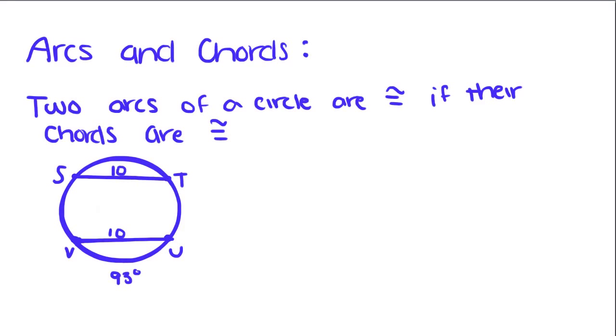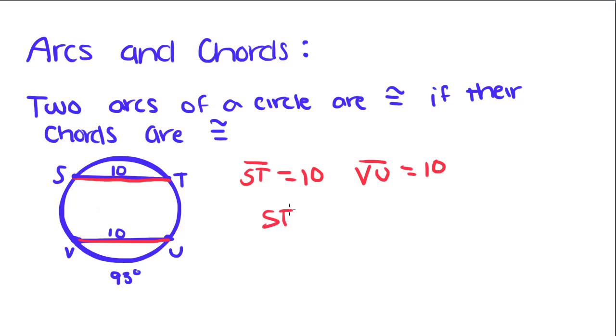Two arcs of a circle are congruent if their chords are congruent. So this is like the other one, it's just the converse of it. So these two chords, ST equals 10 and VU equals 10.